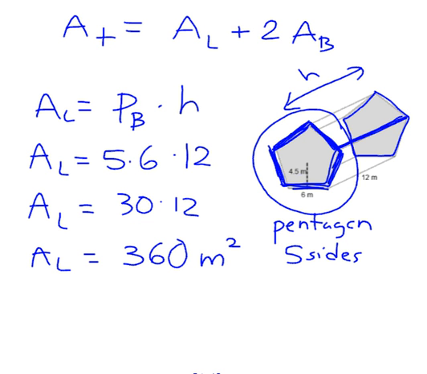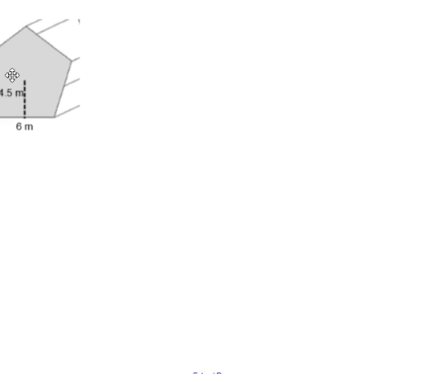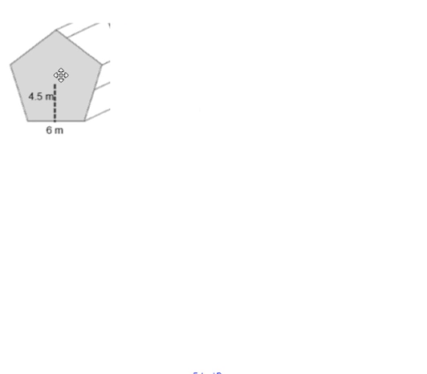After that, we have to find the area of the two bases. I just put a picture here of my base so I can see it. For the area of my base, you can use the formula S times A times N divided by 2, which is the length of the side, the apothem, and the number of sides.